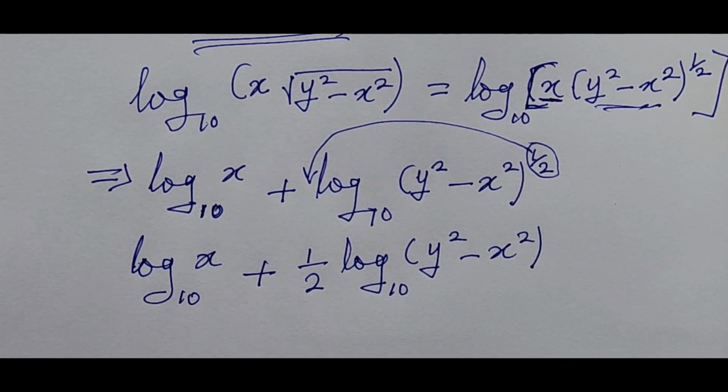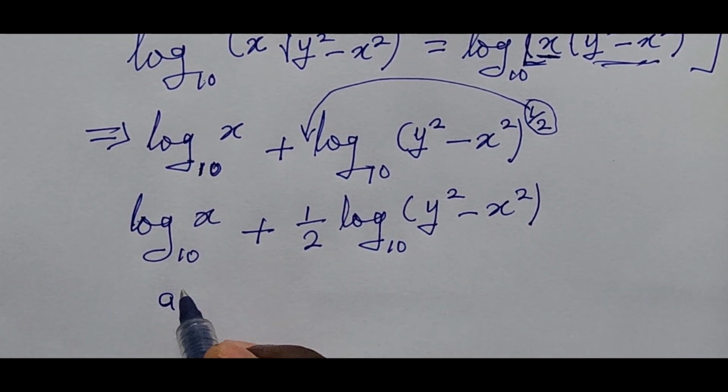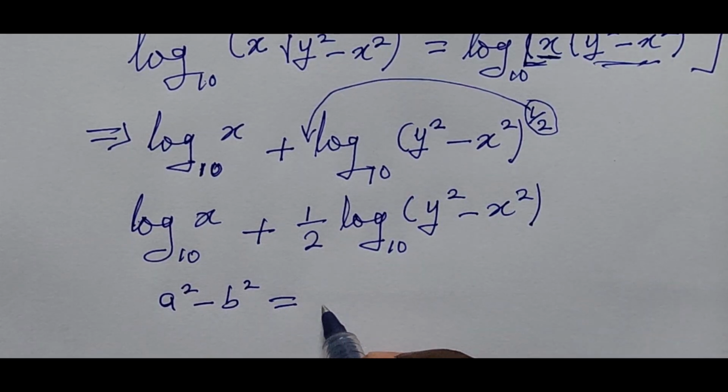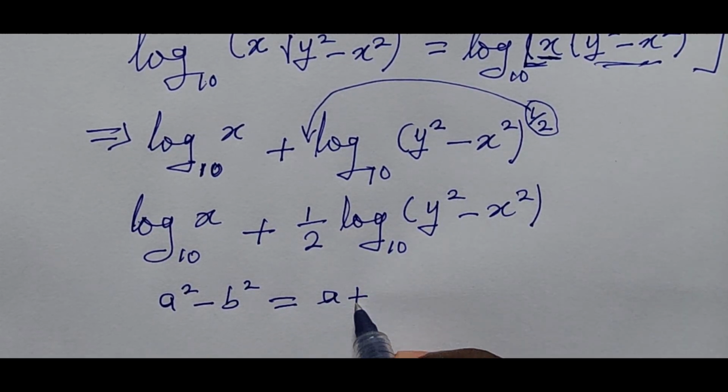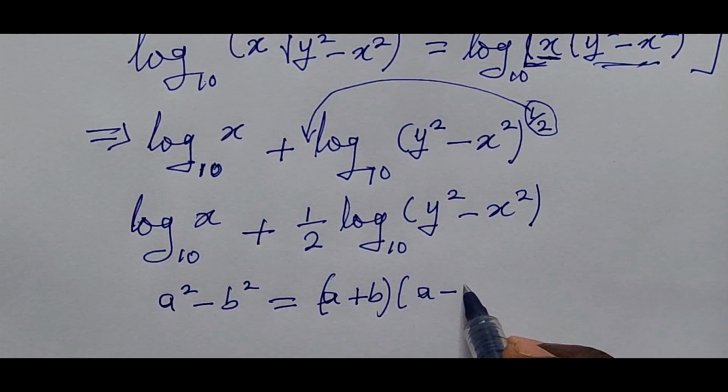Easy, right? Now, if you check the quantity inside this bracket, we have y squared minus x squared. Remember that a to the power of 2 minus b to the power of 2 is equal to (a plus b)(a minus b).